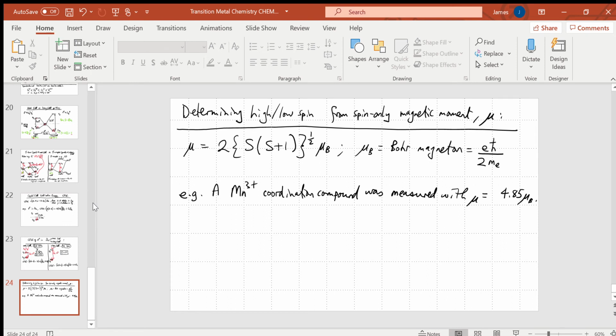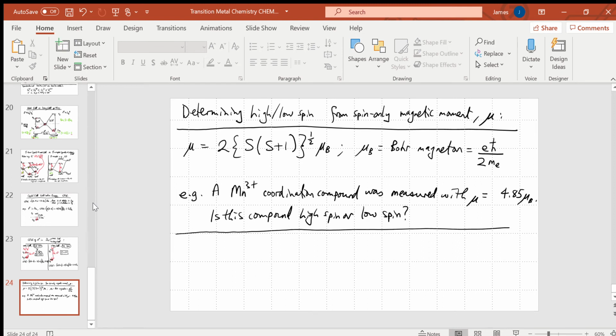So is it high spin or low spin? Is this complex, or is this compound, high spin or low spin? And we'll assume it's in an octahedral field. Okay. So is it high spin or low spin?